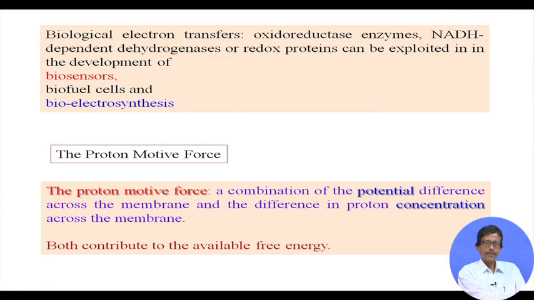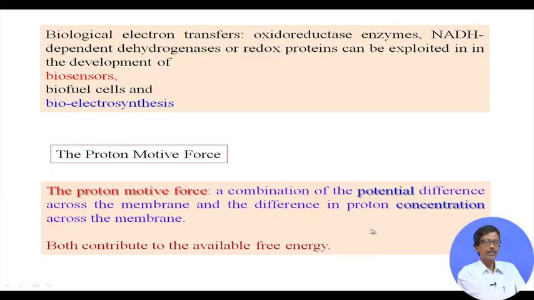So, lipid layers are there and the membranes are there, and if the proton concentration on one side of the membrane to the other is different, if there is a difference in proton concentration across the membrane, what do we get? Definitely we will get a proton motive force. So, that is the idea behind defining this proton motive force.